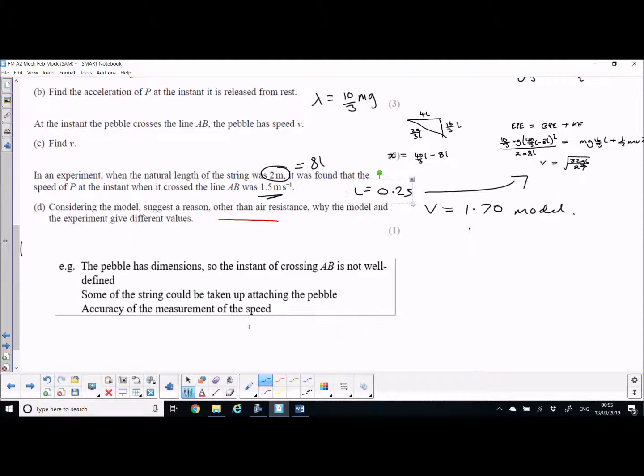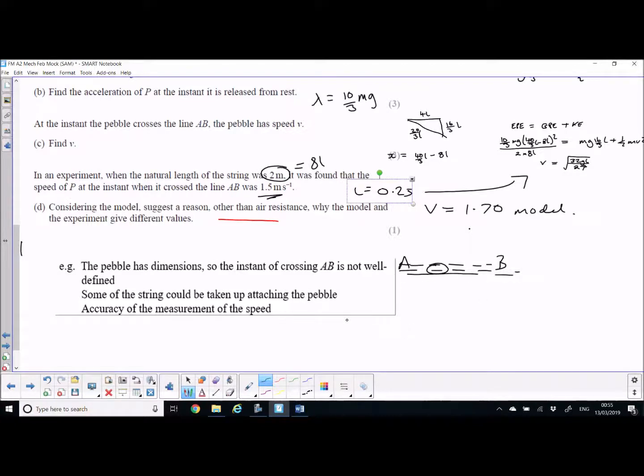So, reasons why. The mark scheme helpfully says any sensible reason in context. Here are some suggestions of what a sensible reason is. We didn't take into account the fact the pebble has dimensions. Are we measuring when it crosses AB, or when it's halfway, or when it's completely crossed AB?